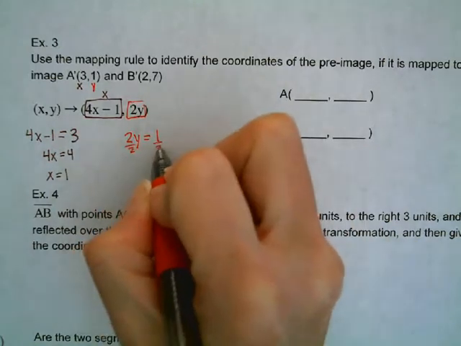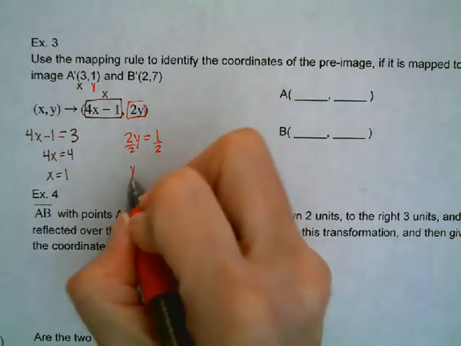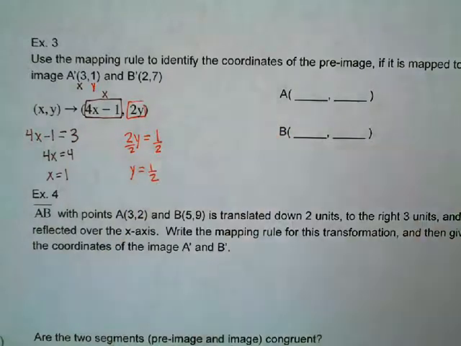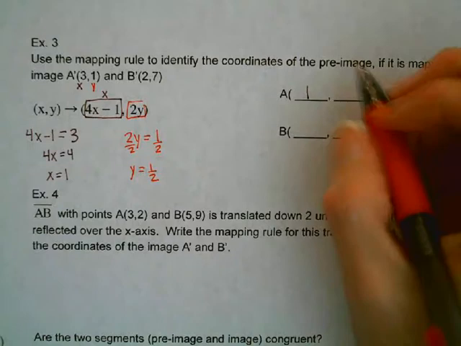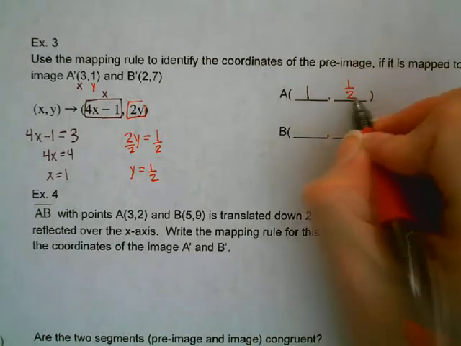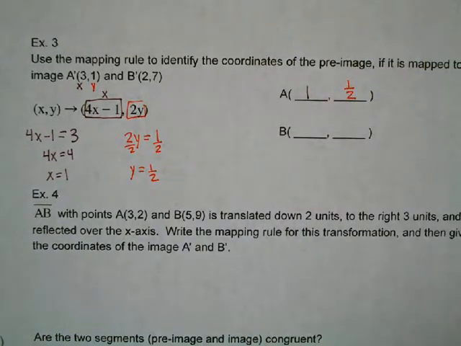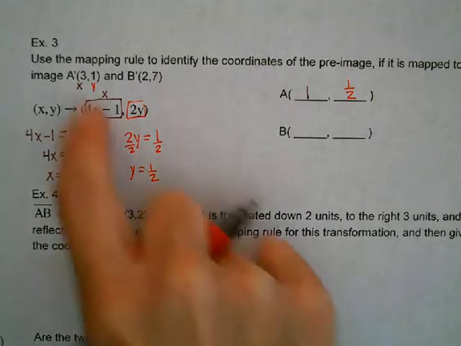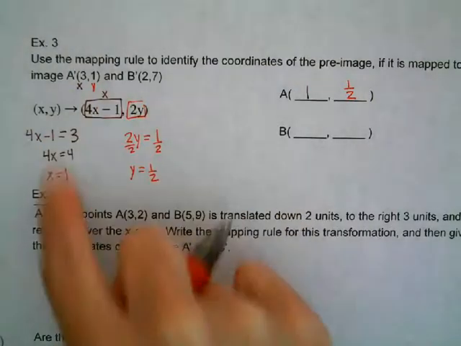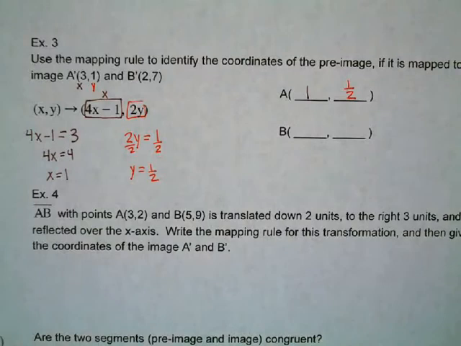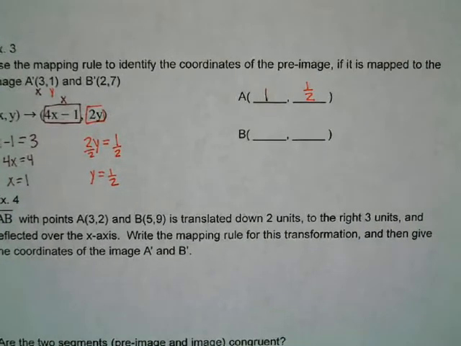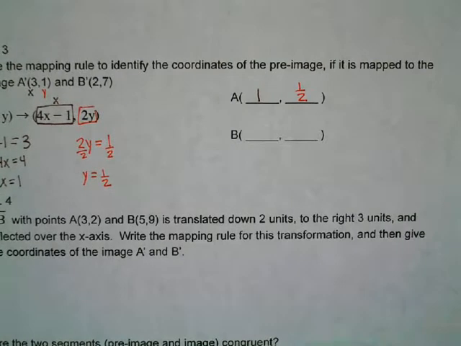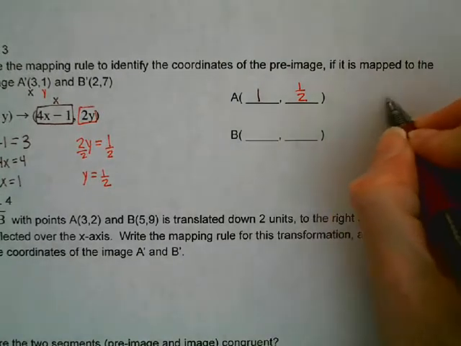This is your y value. So 2y equals 1 divided by 2. So my original image was 1 and y was 1/2. Okay, so you just take the formula and you set it equal to the new value and solve to find the original one. Let's do the b one on your own then.